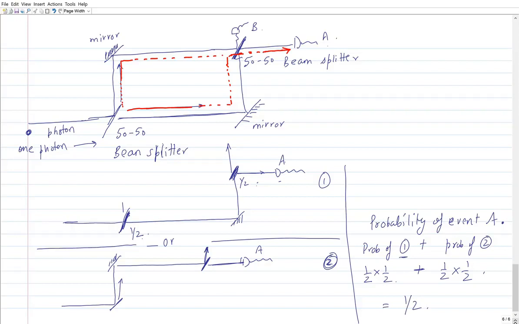So in other words, the probability of the photon being detected at the detector A is the sum of 1 and 2, which comes out to be half. So roughly half the times, exactly half the times actually, I'm going to detect the photon at A.